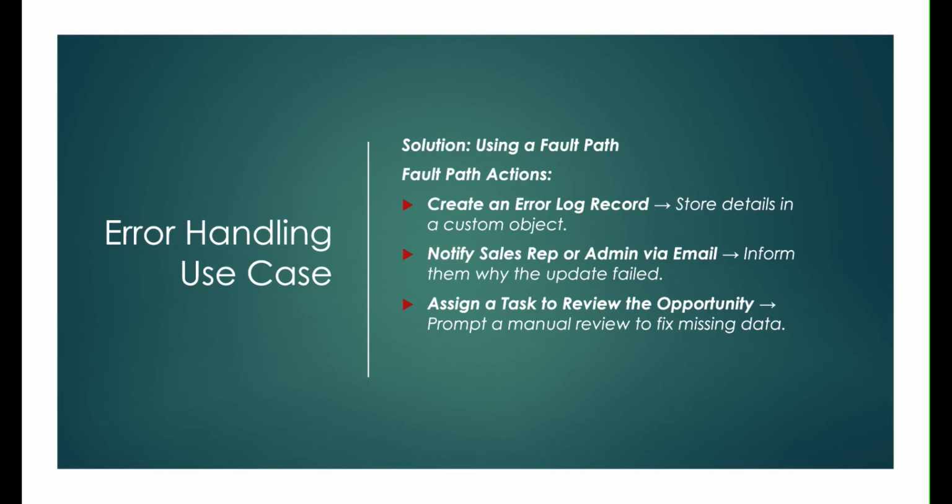This Error Log object can record all the errors that show up from all the flows that you have, so it's a collection of all the flow errors that you can look at. You can create reports and dashboards so that you can figure out what's happening, which flow is causing all this, and on which object, and maybe that will give you ideas to streamline all the multiple competing flows that you have.